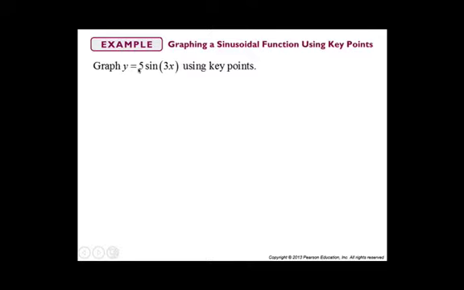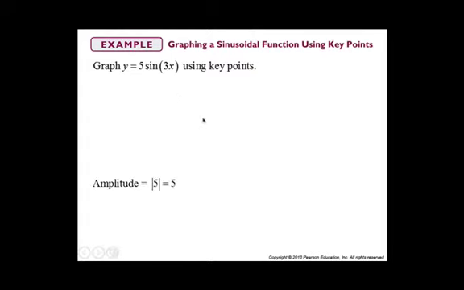Another example. So here we're going to use 5 sine 3x. Well, the first thing I know right now is my amplitude is going to be 5. My period is going to be 2 pi over 3.